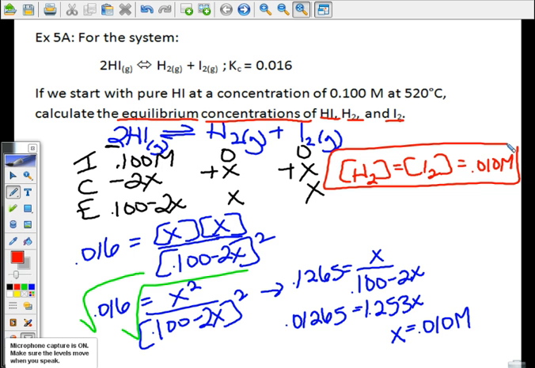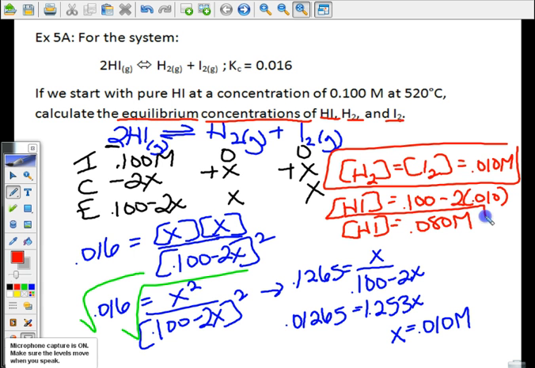But HI, how do we find the concentration of HI at equilibrium? We have to substitute that in for x. So we're going to get 0.1 minus 2 times x, and that'll give us 0.080 molar.